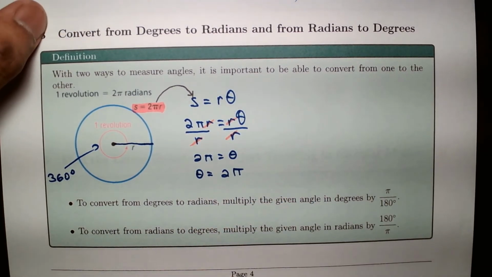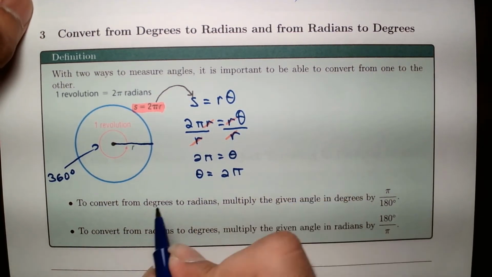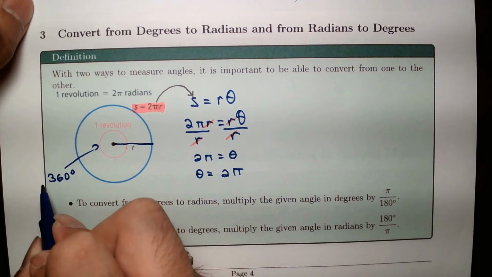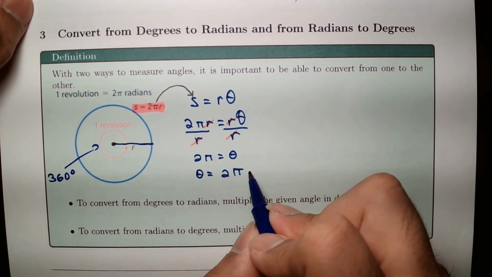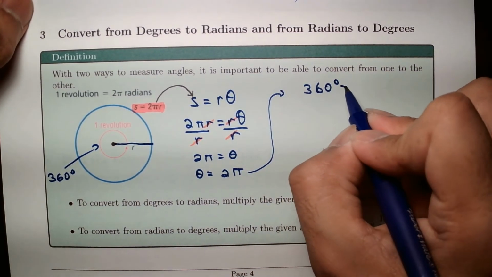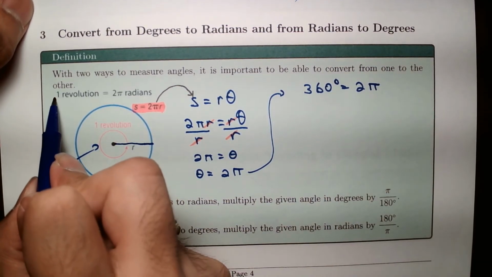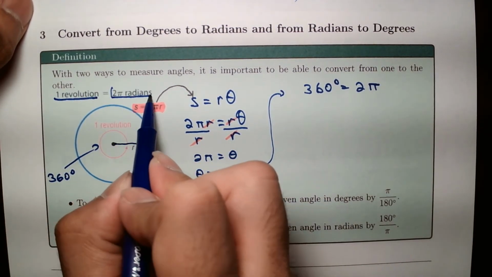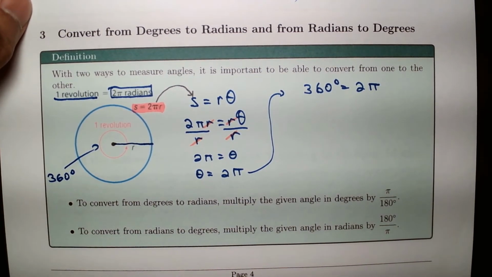Now, this theta, this angle, is how many degrees? 360 degrees. So that means that one rotation, this 360 degrees, equals 2 pi. In other words, one revolution is 2 pi radians. This is what we wanted to show here real quick.